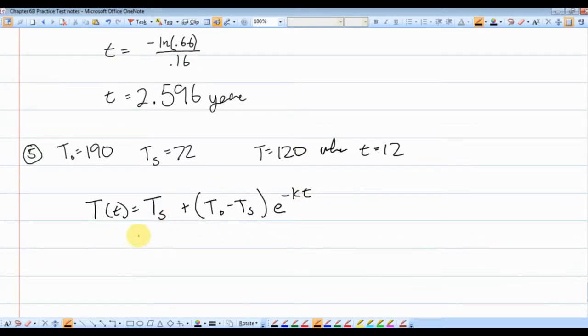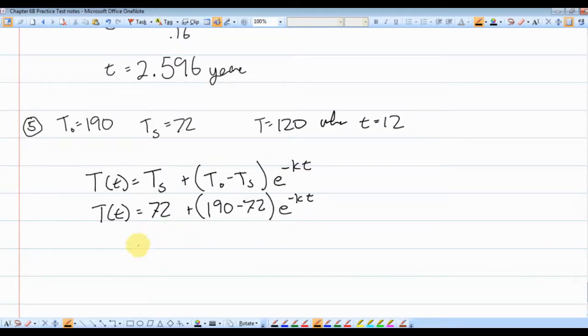Let's plug things in. T of t is 72 plus 190 minus 72 e to the negative kt. We're going to plug in now. T of 12 is equal to 120.